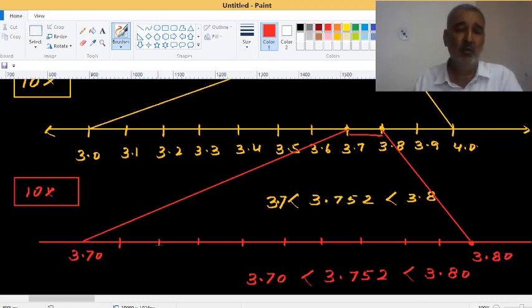This is 1, 2, 3, 4, 5. And 3.70, 3.75 and 3.76. I have to put one more place here, 3.75 and 3.76.